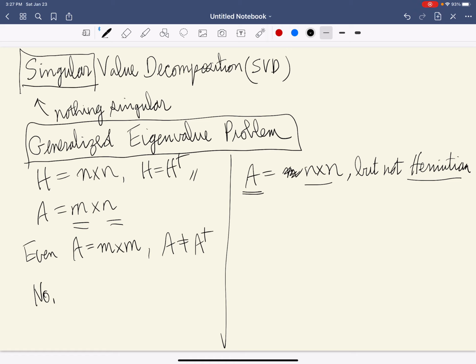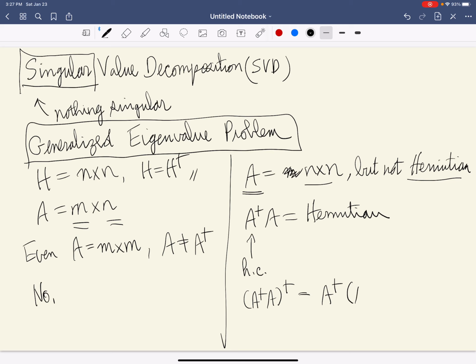However, although A itself may not be Hermitian, A dagger A is Hermitian. A dagger is just the Hermitian conjugate of the matrix A. And if you take the Hermitian conjugate of this entire thing, then it's A dagger multiplying A dagger dagger, which is A, so it's A dagger A. So comparing these two expressions, you can see that this is in fact a Hermitian matrix.